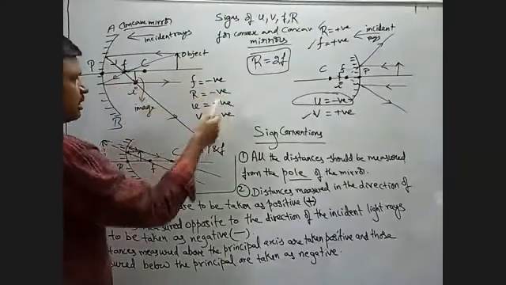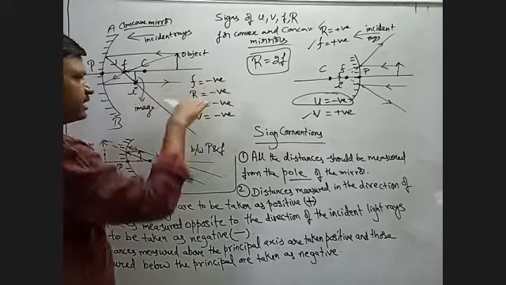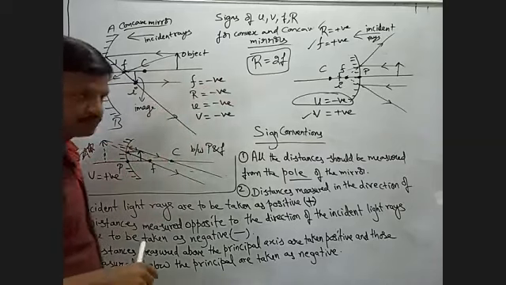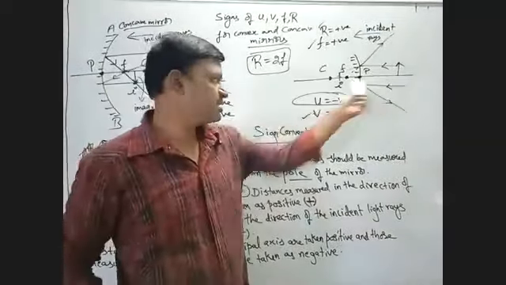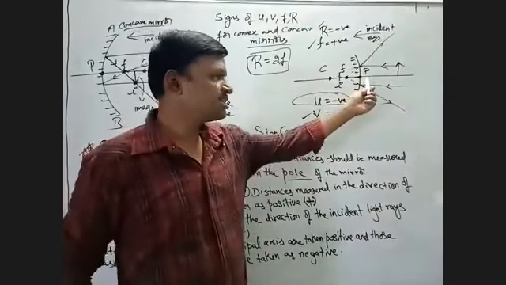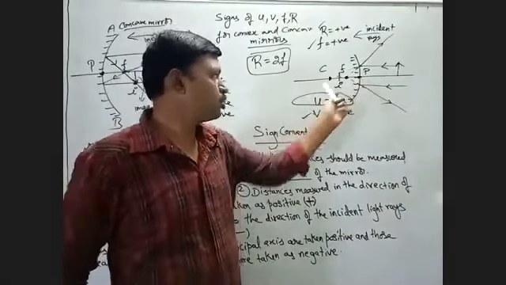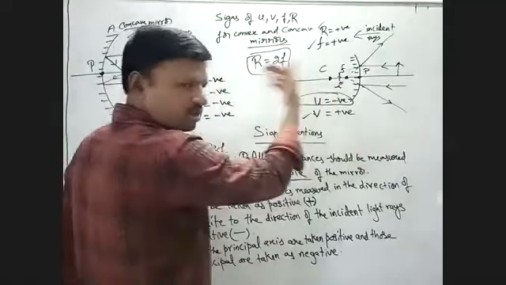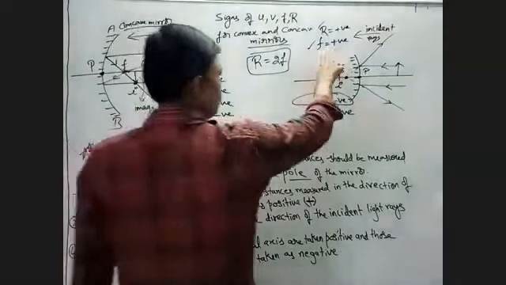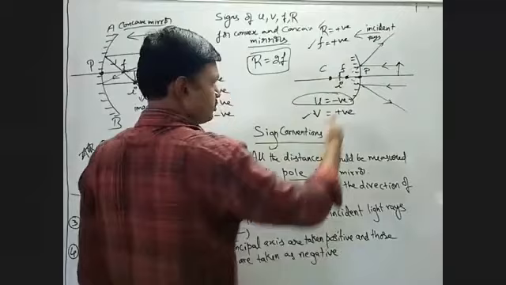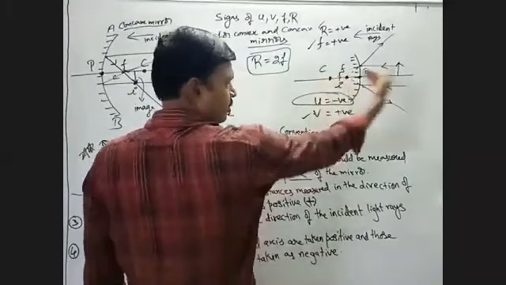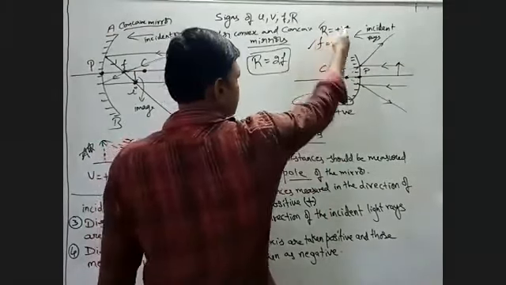Radius of curvature is negative, object distance negative, image distance negative. But for the convex mirror, all the distances measured from the pole, pole to focus, are in the direction of the incident rays, so focal length is positive, and the radius of curvature in this direction is also positive.